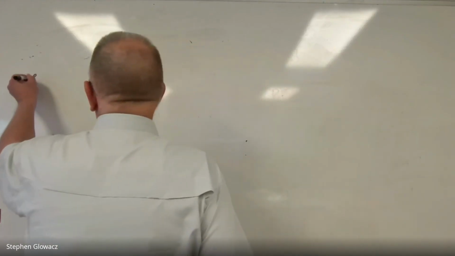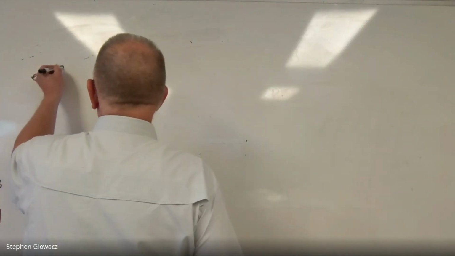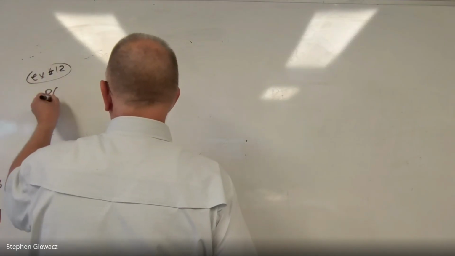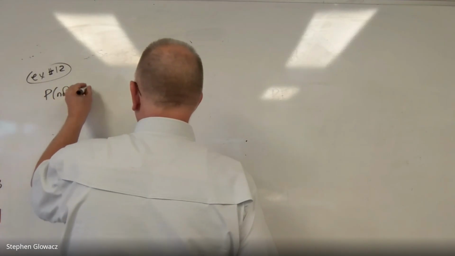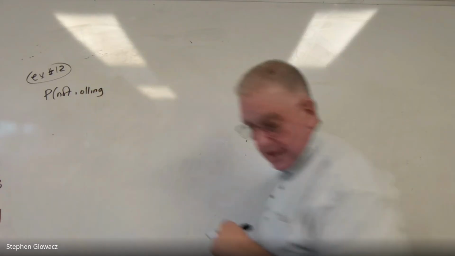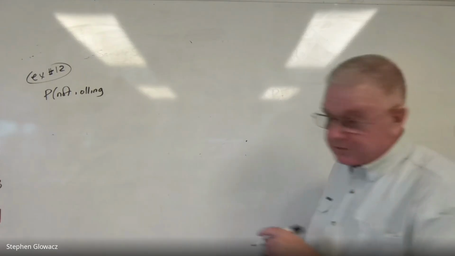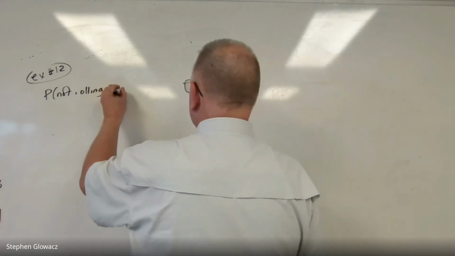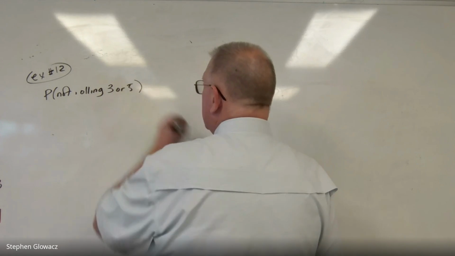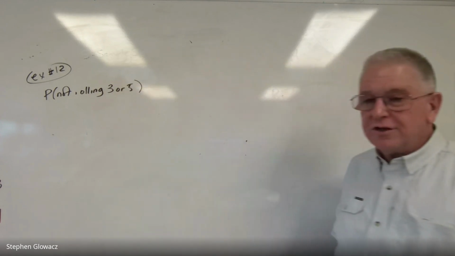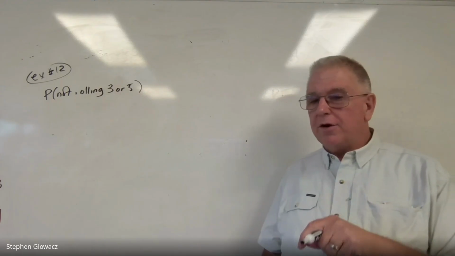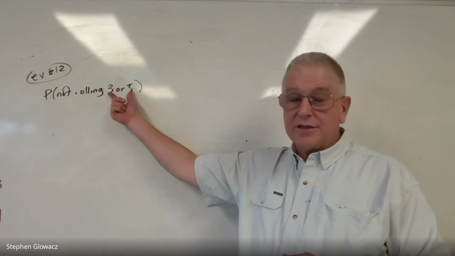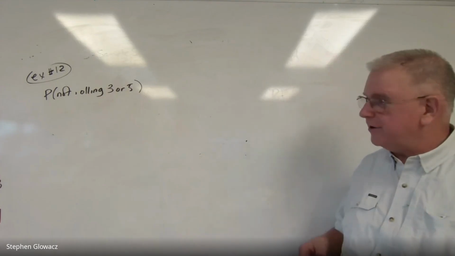Not rolling 3 or 5. So remember what the definition of complement is. It's all the numbers that are not, in this case, 3 and 5 on our 6-sided number cube.